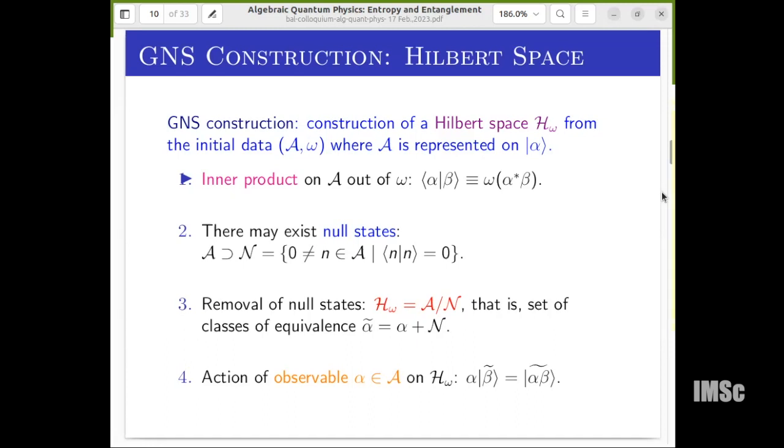The entire operator theory can be imported. The only technical issue which is important is that this is a set of vectors which have a positive scalar product, but it may not be complete. There may be Cauchy sequences which may not converge in the space.